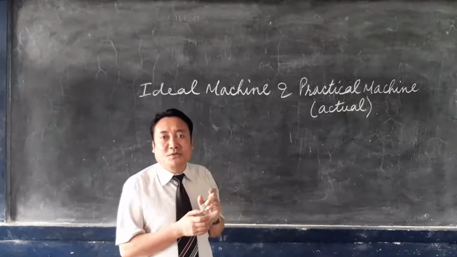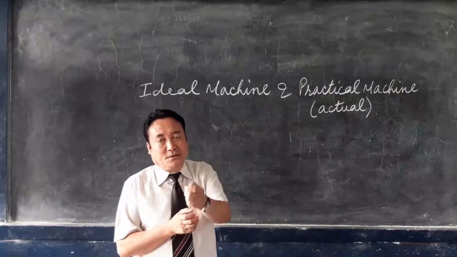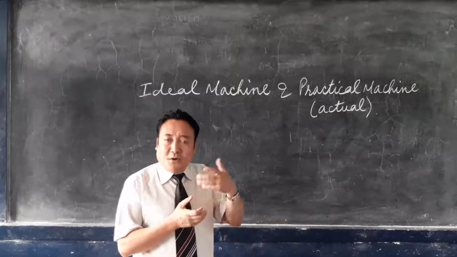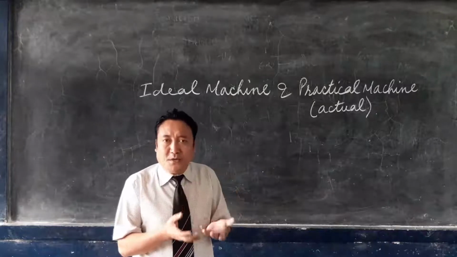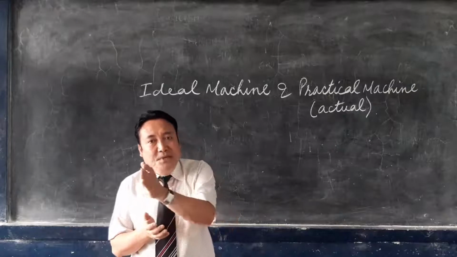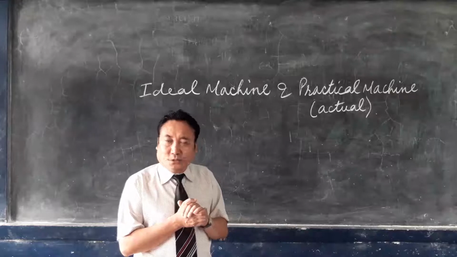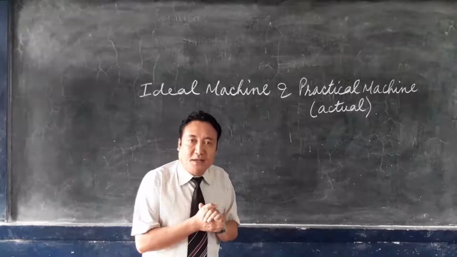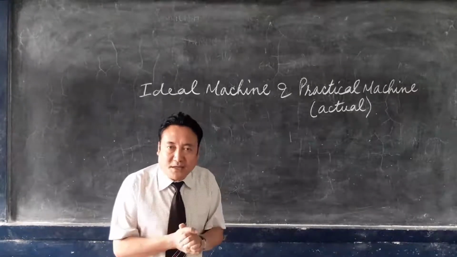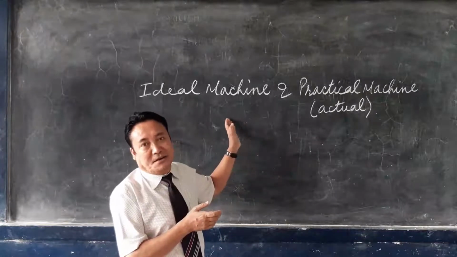Even if you use a hammer, the portion where you strike the nail becomes heated up, because you are hammering the nail in order to pierce it into the wall or a wooden plank. So therefore, the practical machine always exists in our actual practical life, and an ideal machine cannot exist.